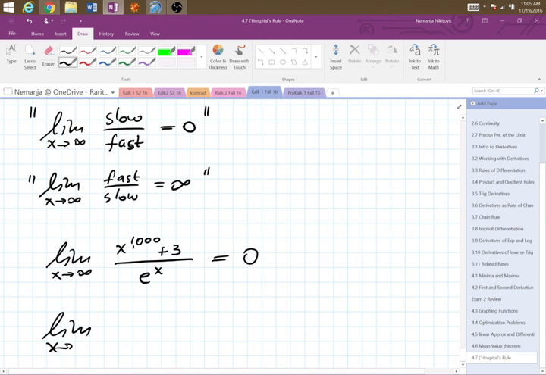Another crazy example would be, let's say you have x to the x divided by 300 times 10,000x plus 7, let's say. All right.